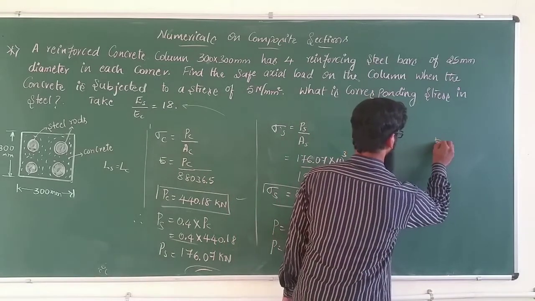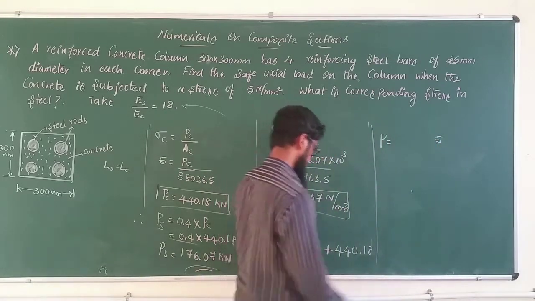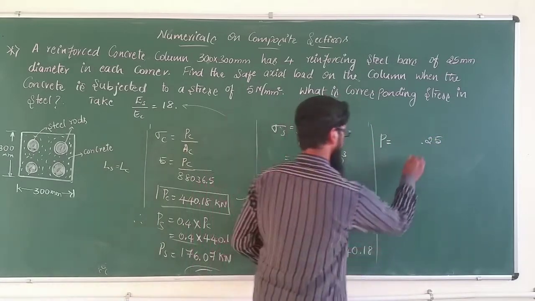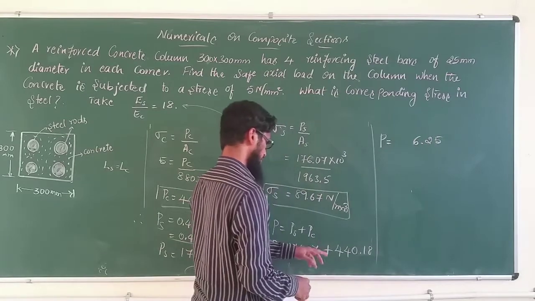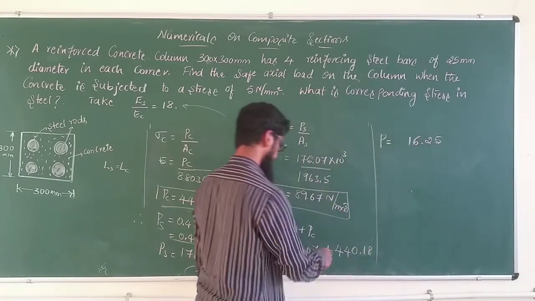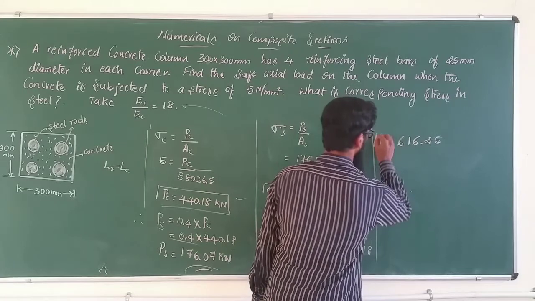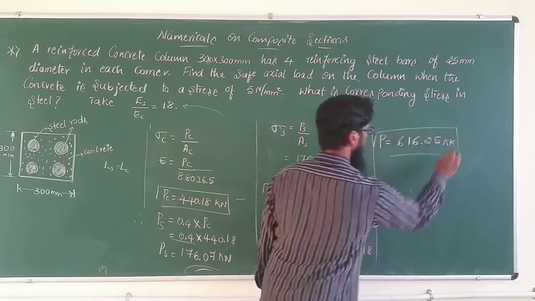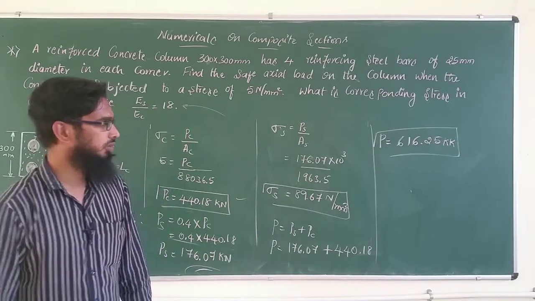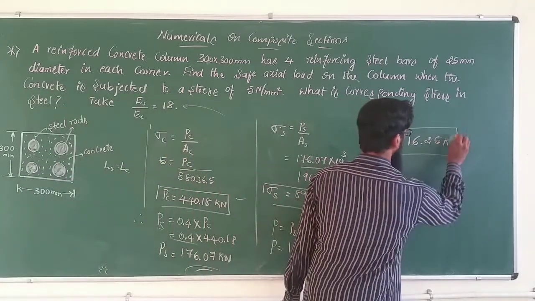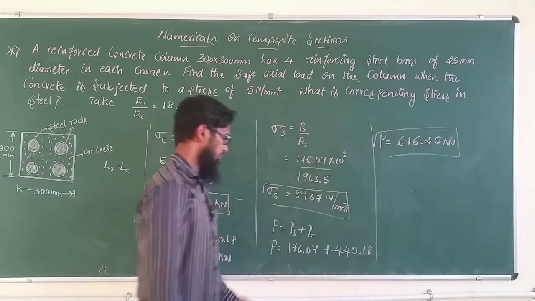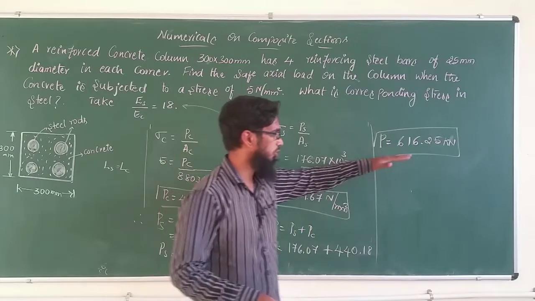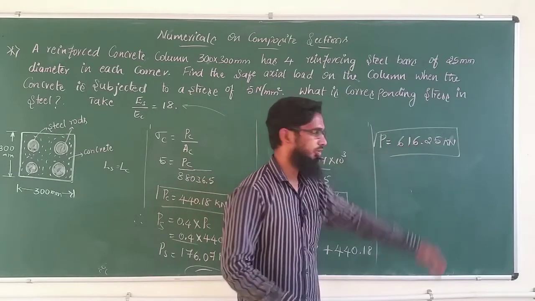So we are getting 616.25 kilonewton acting here in the concrete member.